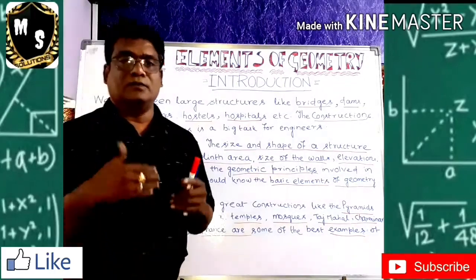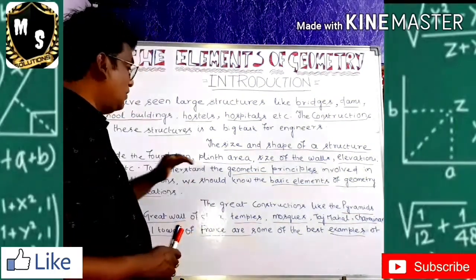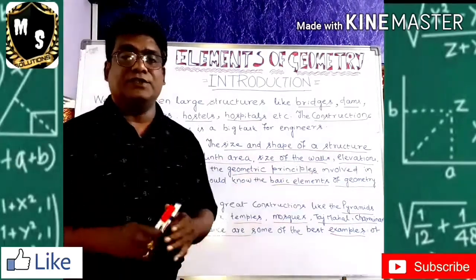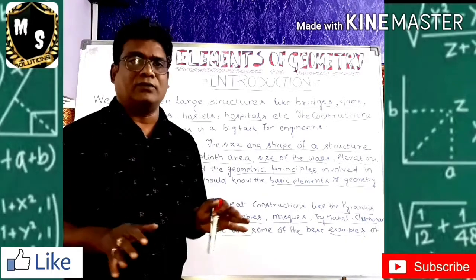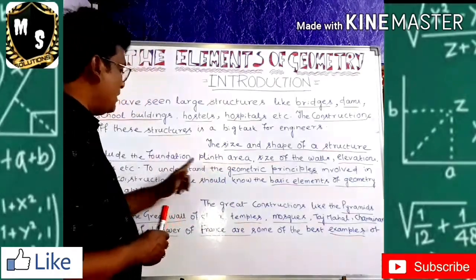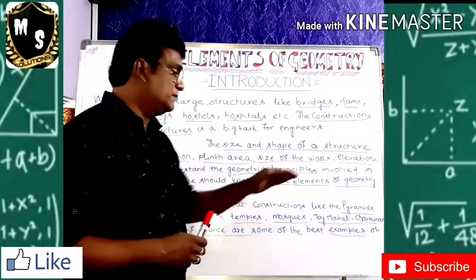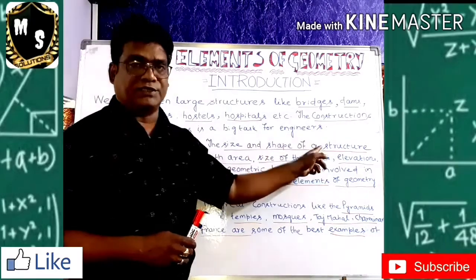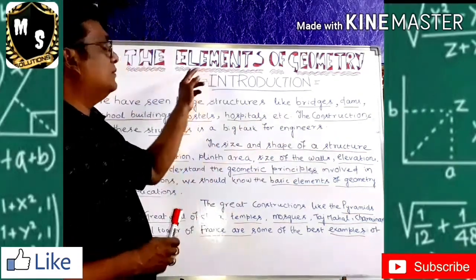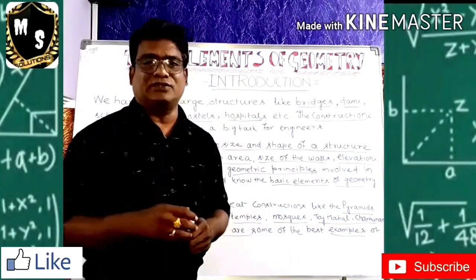After that, the interior things will be constructed. But if these things are not constructed properly and the engineers are not serious about it, then the building is going to collapse and fall down. So in all these parts, the foundation, the plinth area, the size of the wall, the elevation, these are a big task for the engineers. And here we are applying the elements of geometry, the things inside geometry.